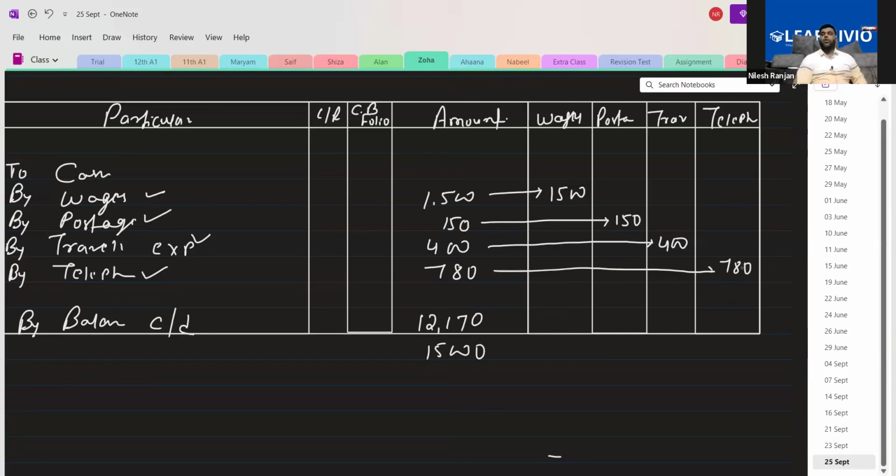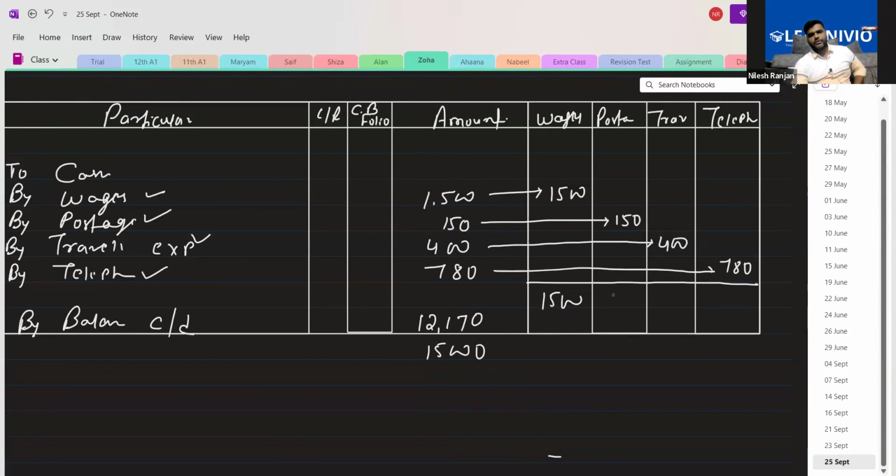Okay, so in one column there can be more than one transaction. Like wages I have written only once, but maybe in a different question it will be 3 times. So all the wages will be written in the first column. Okay. Then again we will calculate the total of every column. That's it.